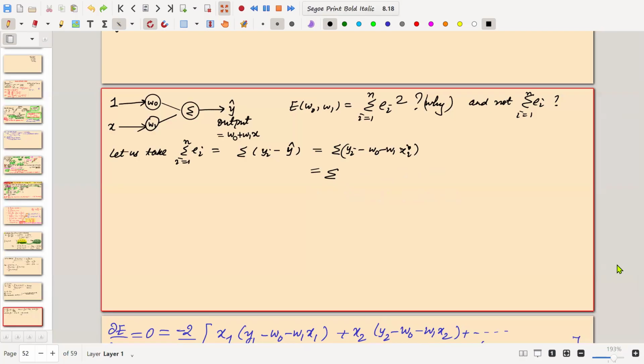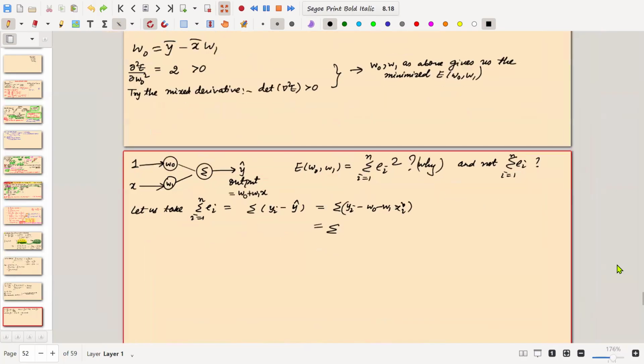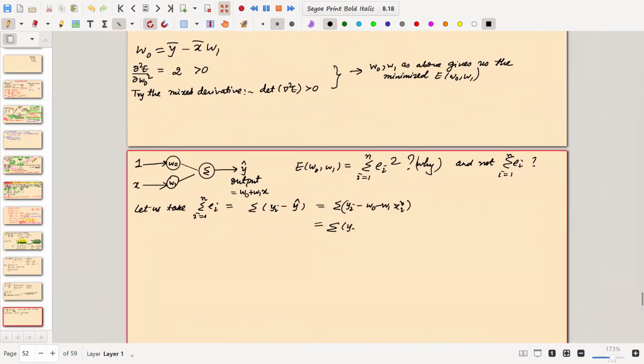What are you getting? Write something. Can I expand W naught? What is W naught? Y bar minus x bar W1. Agree?